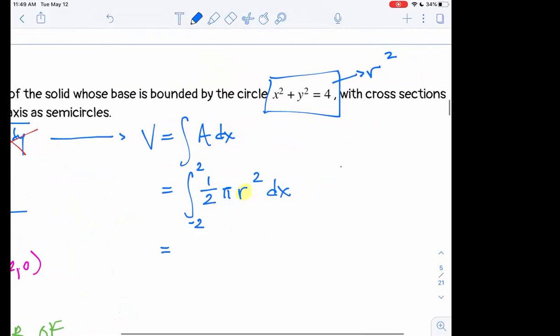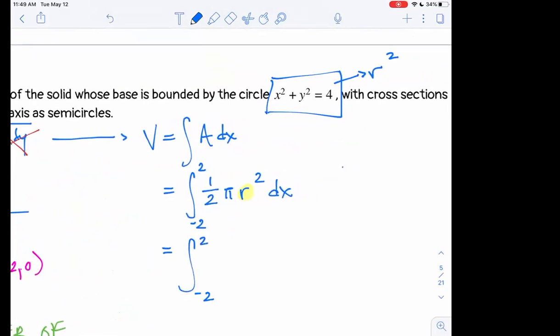So the integral from -2 to 2 of 1/2 pi times the square root of 4 minus x squared dx. And again, this is my radius, and so according to the equation, I need radius squared, which is why I'm squaring it.